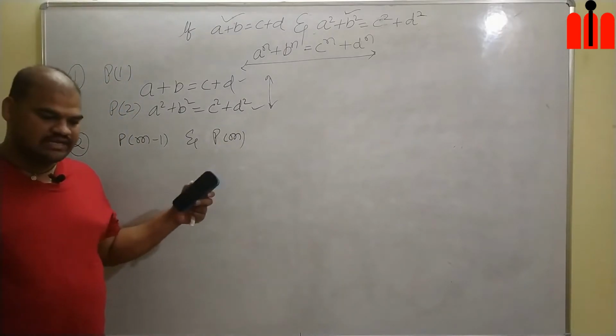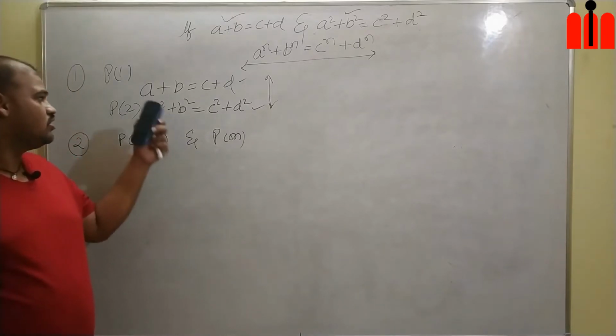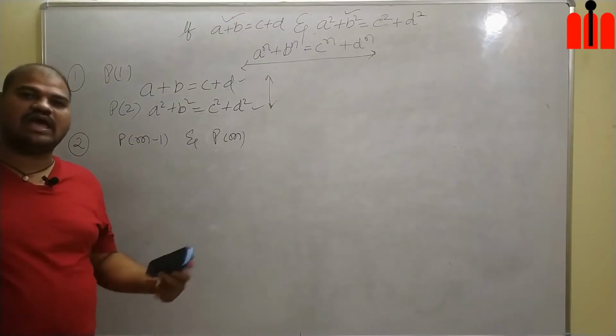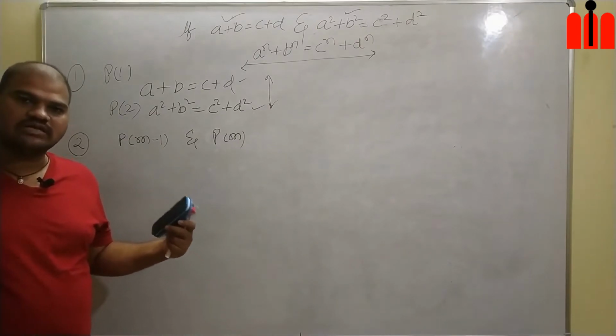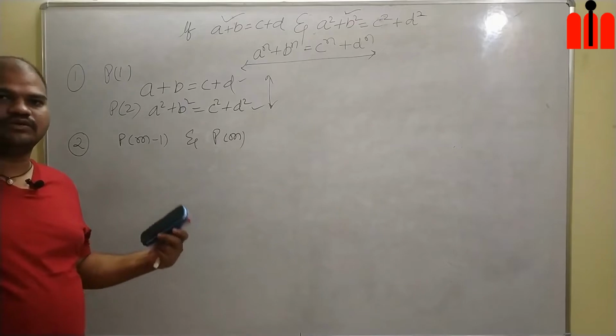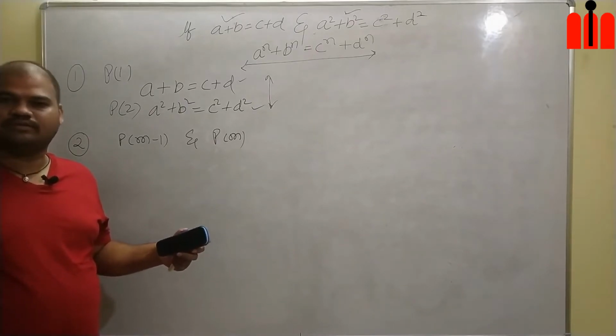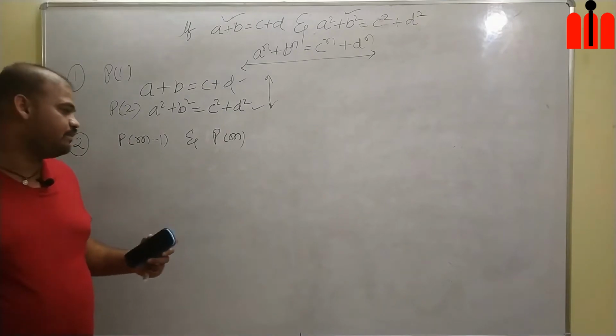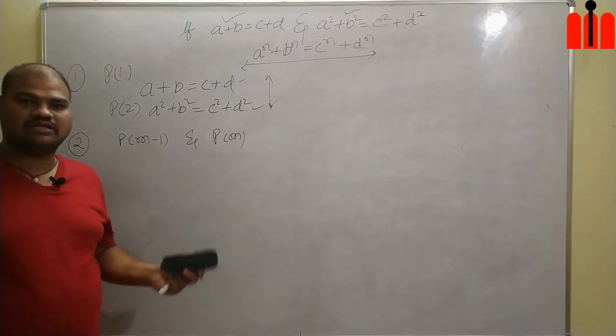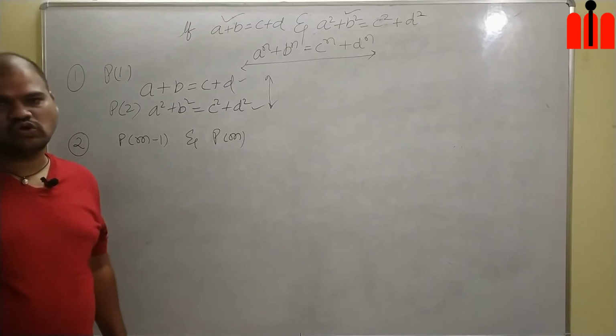Okay, so n is a subset. In that subset 1, 2, m minus 1, m, every number is an element of that subset, from 1 to n. Are you getting it right? I had told this in our introduction class. So m minus 1 and m are part of the subset 1 to n.